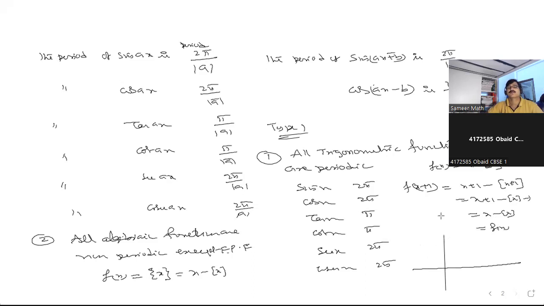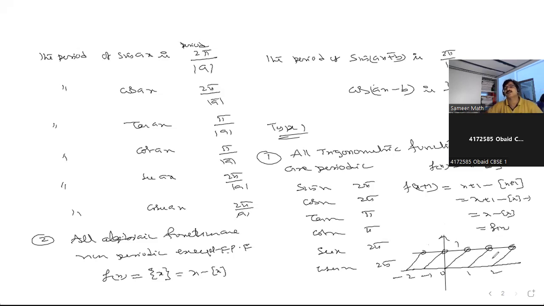You see this, right? If you take 1, nothing to worry. We'll get it here, from the origin like this. It will be like this: 0, 1, 2, minus 1, and minus 2.